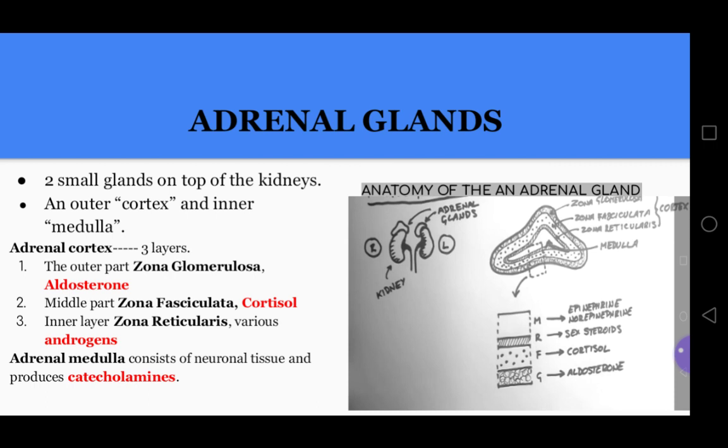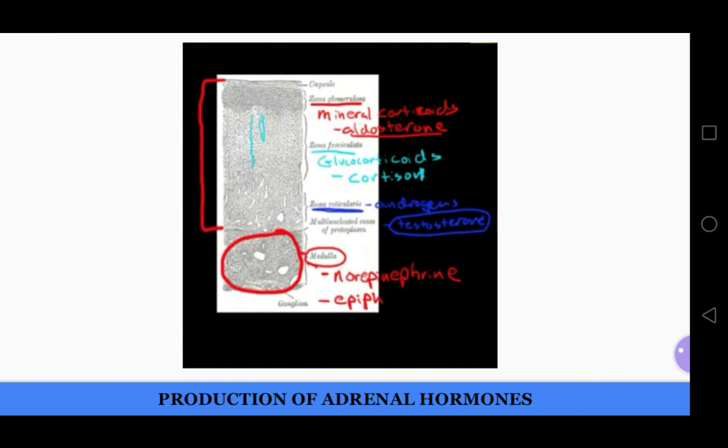This diagram shows the anatomy of the adrenal gland. This is another diagram which shows production of adrenal hormones by the adrenal gland. So you can see that zona glomerulosa produces mineralocorticoids, mainly aldosterone. Zona fasciculata is the main part of the adrenal cortex. It produces glucocorticoids.